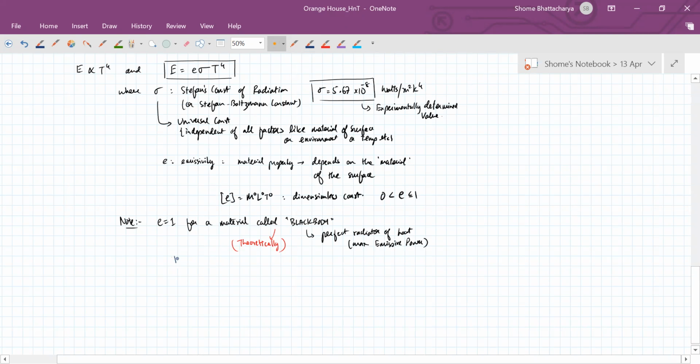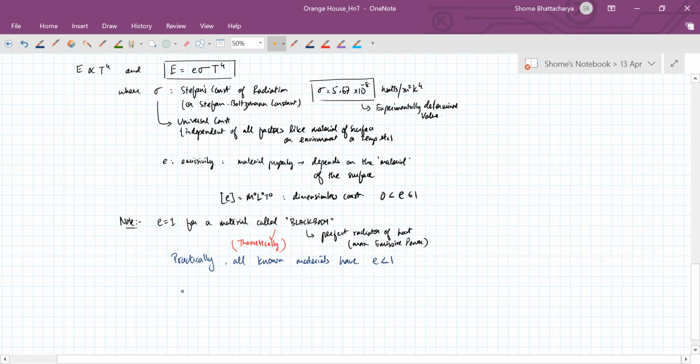Practically, all known materials have emissivity less than 1.